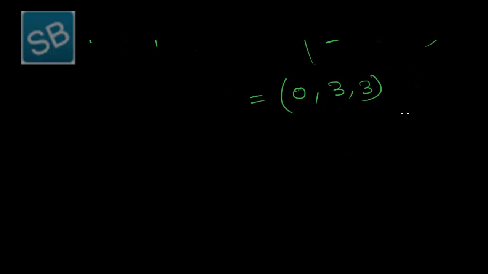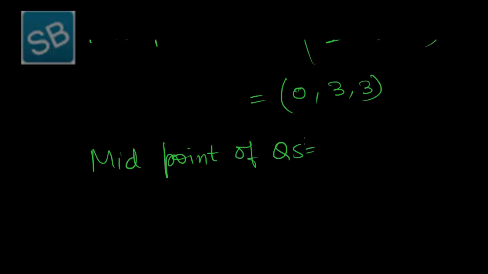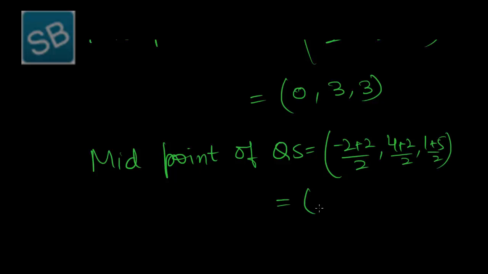And now we will check the midpoint of QS. That is minus 2 plus 2 over 2, 4 plus 2 over 2, 1 plus 5 over 2. So that gives 0, 3, 3.